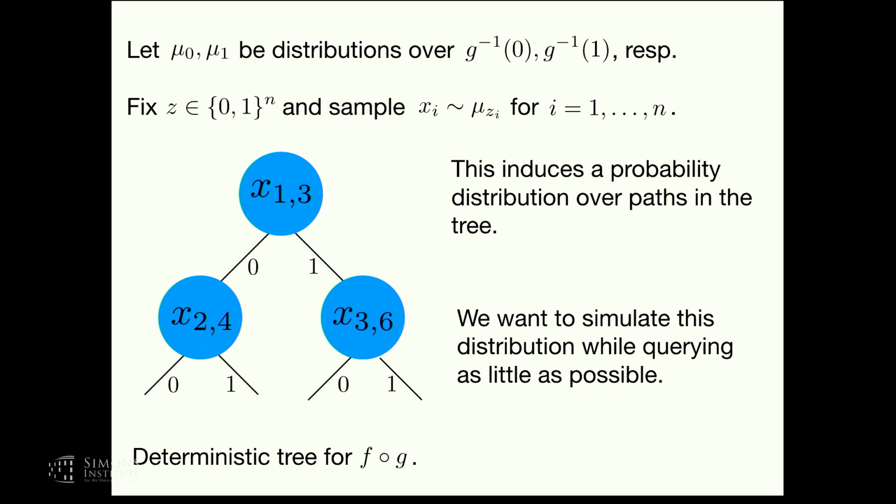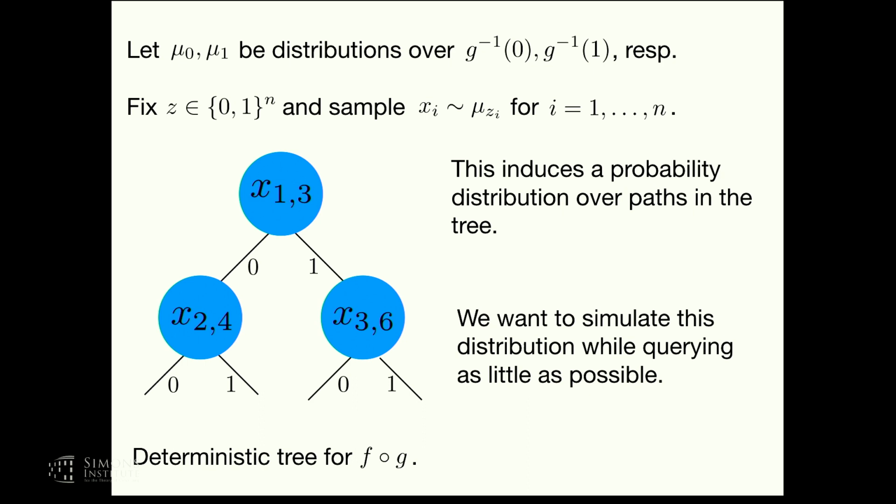We fix some z in {0,1}^n, and we also fix distributions mu0 and mu1 over g inverse of 0 and g inverse of 1. Now imagine this process where I sample xi according to mu zi, and I look at the probability over paths induced in this tree.